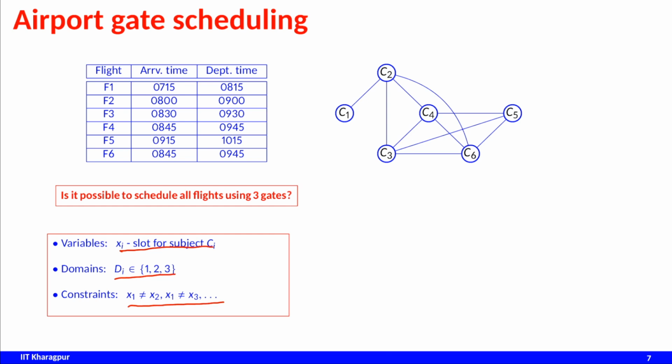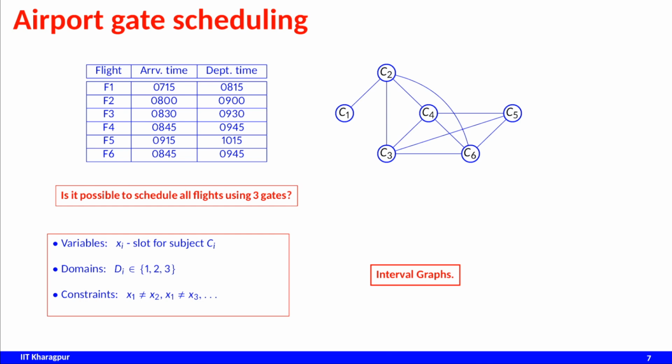But for this kind of graph, which has a special property, we can construct a special kind of graph and solve this problem in polynomial time. This is known as an interval graph. I will very briefly tell how we can construct an interval graph.